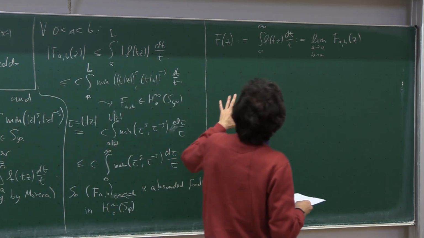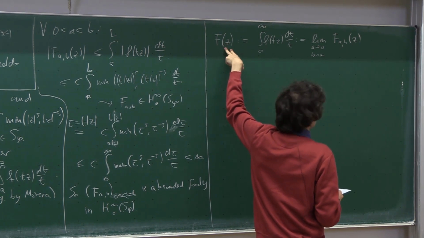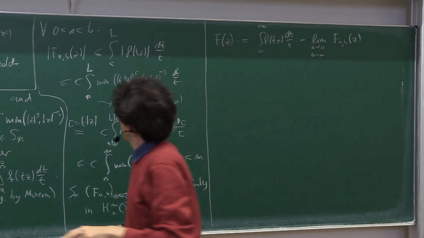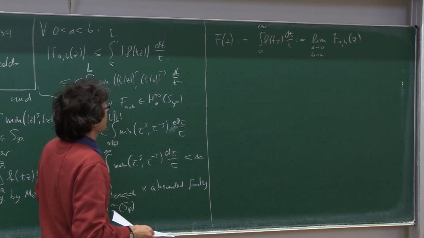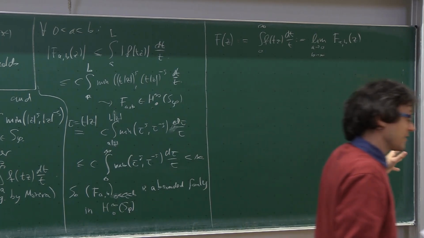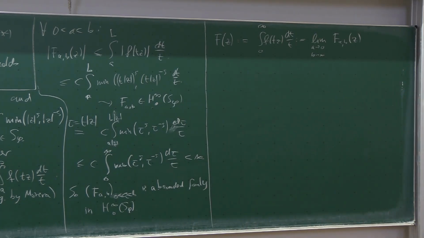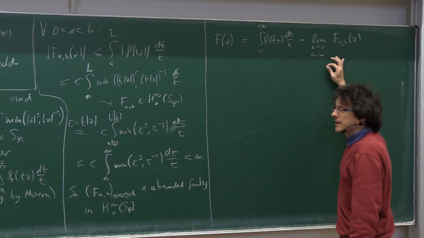You can do this limit. So if you restrict yourself to a compact subset of S_phi, then this is a bounded function on a compact subset. So you can take just this constant as a measure for the dominated convergence theorem and get the limit inside.